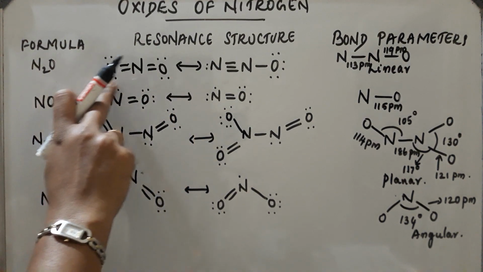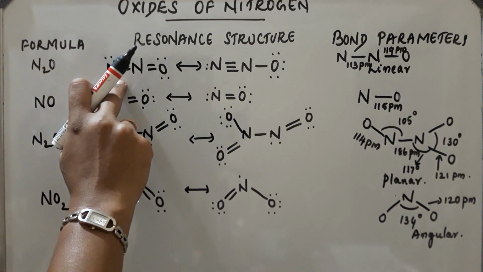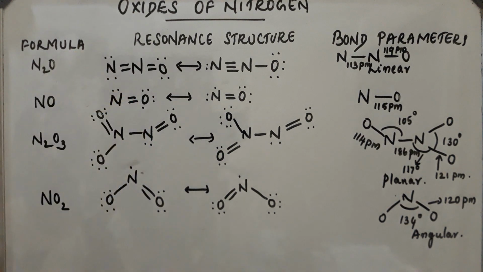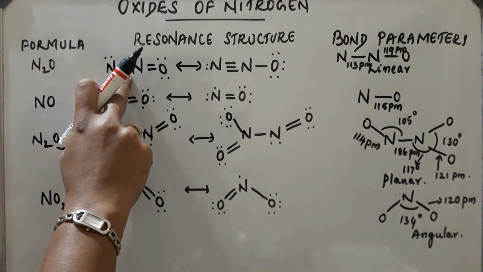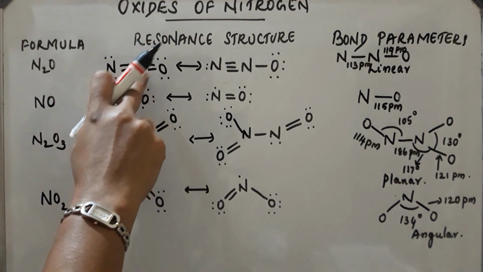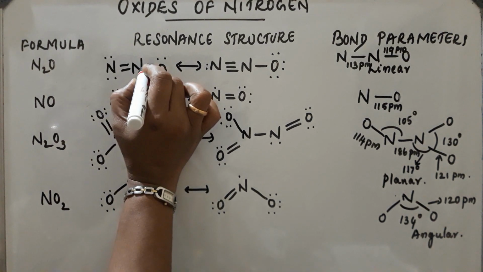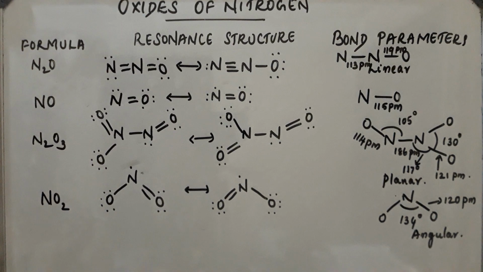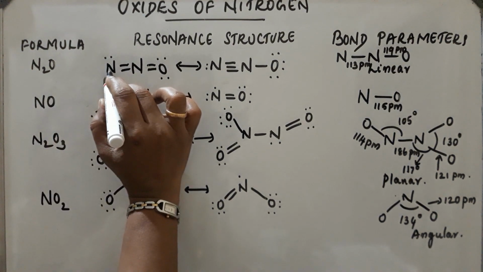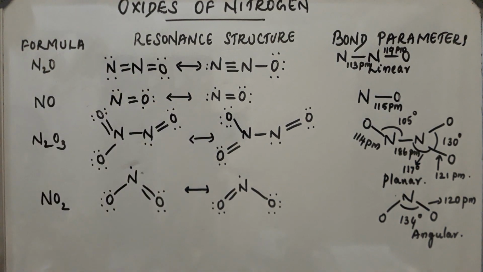One electron from this nitrogen and 3 electrons from this nitrogen; 3 used, 2 left. So 2 electrons from here and 2 electrons from here are shared and form a double bond. Here 1 electron and 3 electrons form another double bond. This will be the resonance structure.